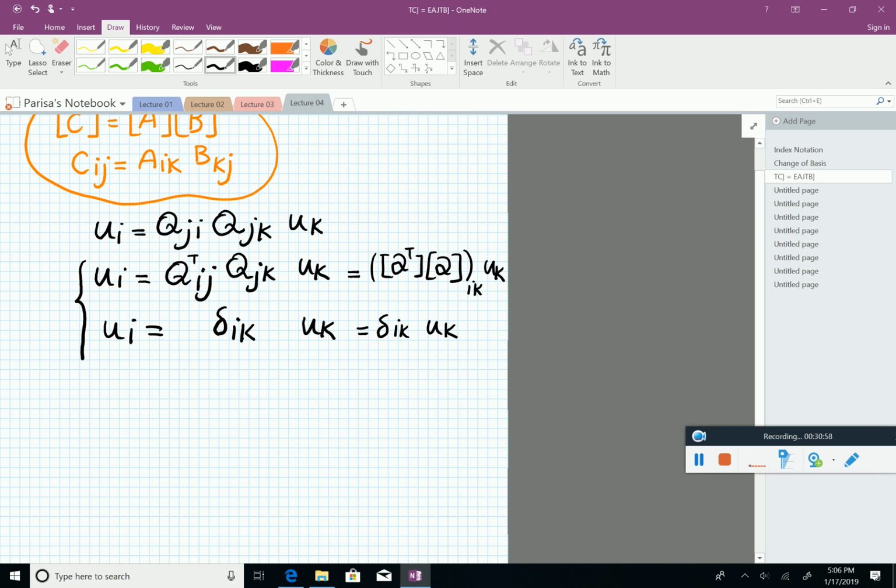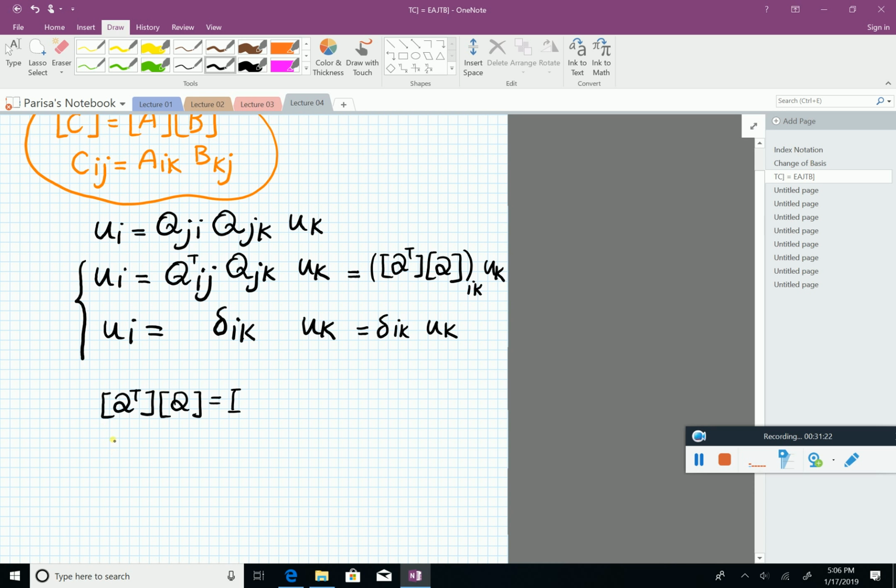And last time we also looked at the identity tensor, the identity matrix. So I hope that then you see immediately that the transpose of Q times Q is basically the identity tensor.